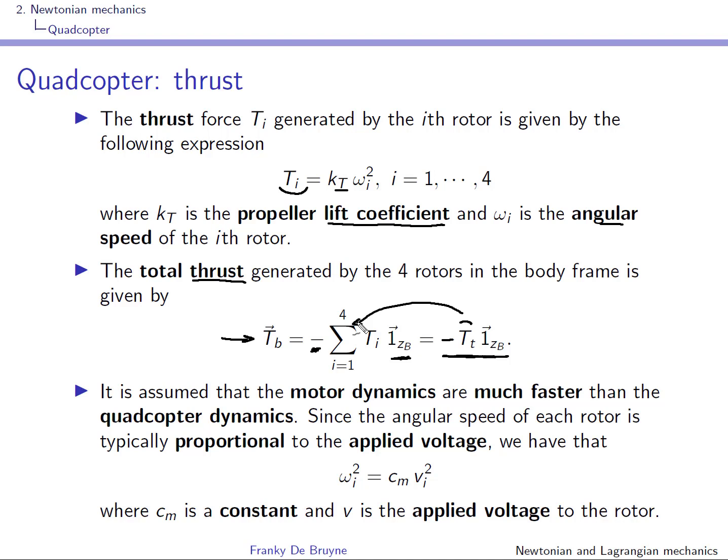Here we'll do exactly the same. So we'll simply assume that the square of the angular speed is proportional, with some constant that we'll call Cm, to the applied voltage, right? You can imagine that the input of our model will be the 4 applied voltages, the voltage applied to each rotor.